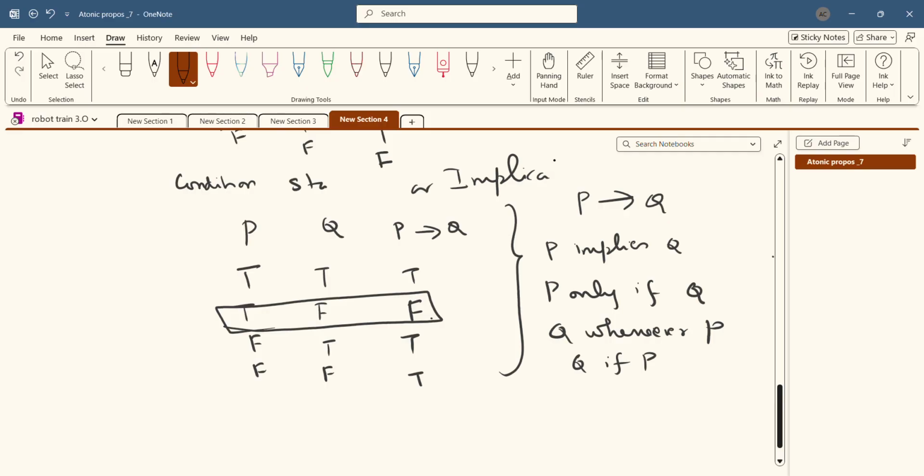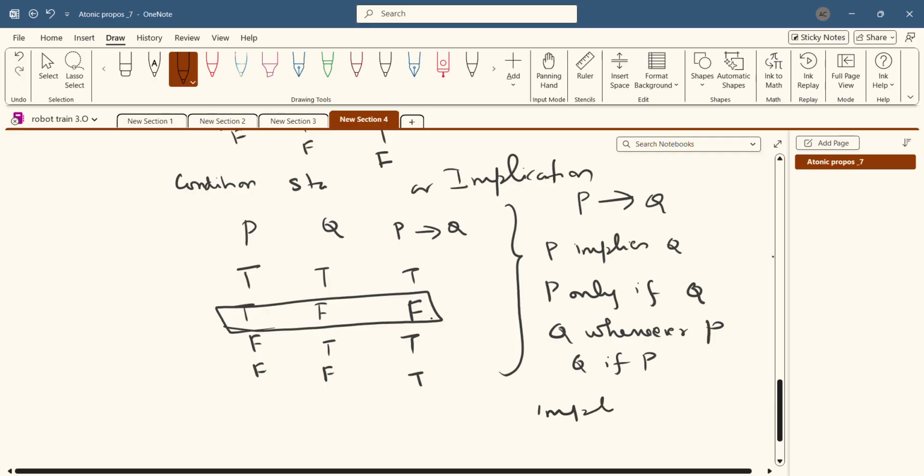Implication is totally different from implies. We can avoid the word implies because it might be used in different contexts in future statements also.